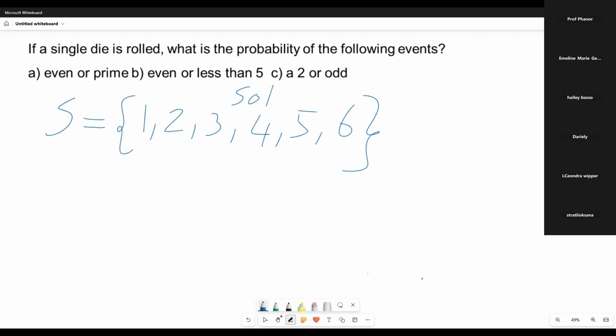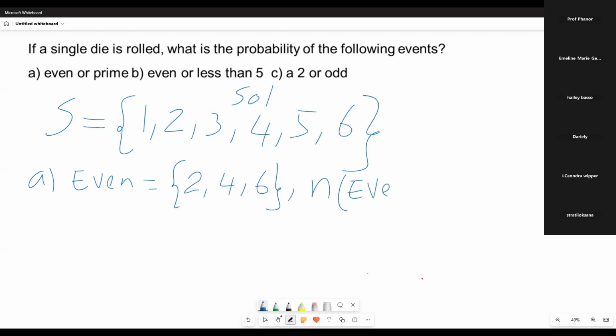You're talking about even, so let's look for even numbers. That's 2, 4, 6. So n of even equals 3.